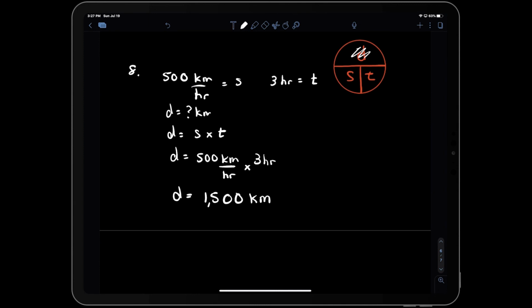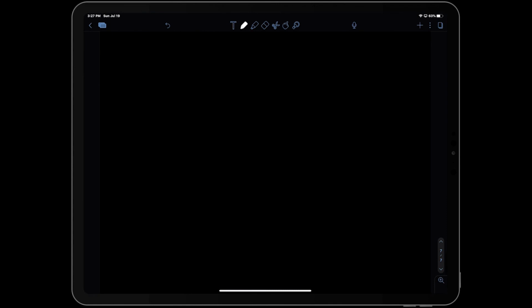We have one more question. We have number 9, and our homework is all done. How long will it take? We're trying to figure out what the time is here. How long will it take light moving at the speed of light to reach us from the sun? So the speed of light is 3 times 10 to the 5th, 300,000 kilometers per second.